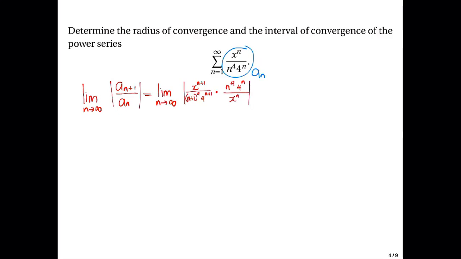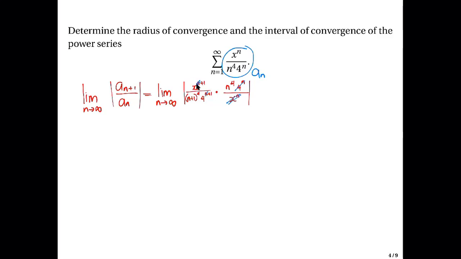Then we close that absolute value. For 4 raised to n plus 1, you can rewrite this as 4 to the n times 4, so this will cancel the 4 to the n. And the x to the n here will cancel the x to the n in this part.